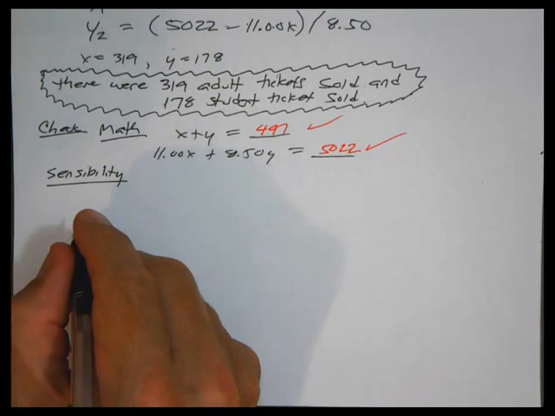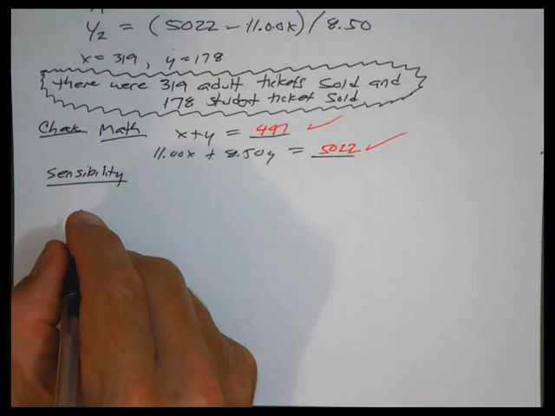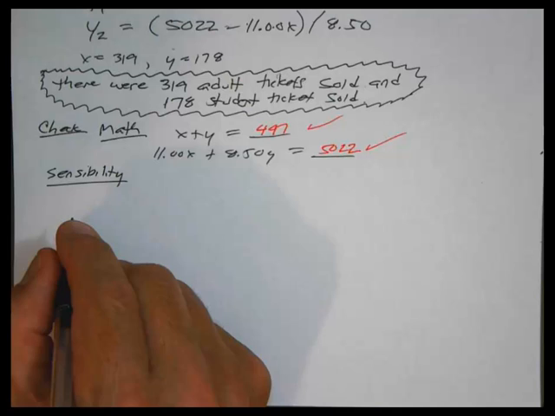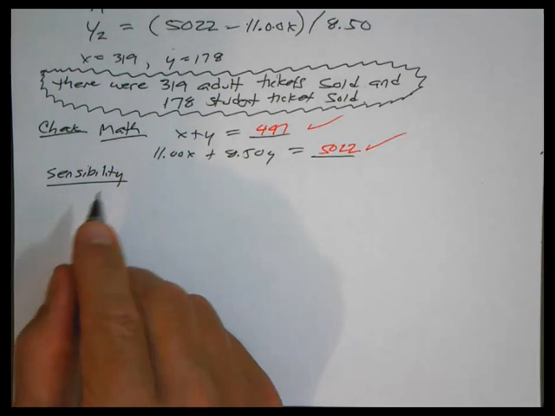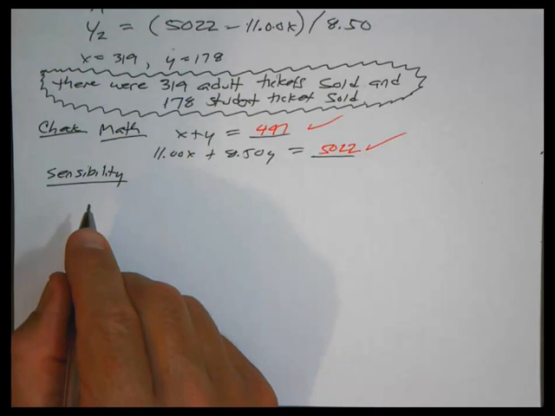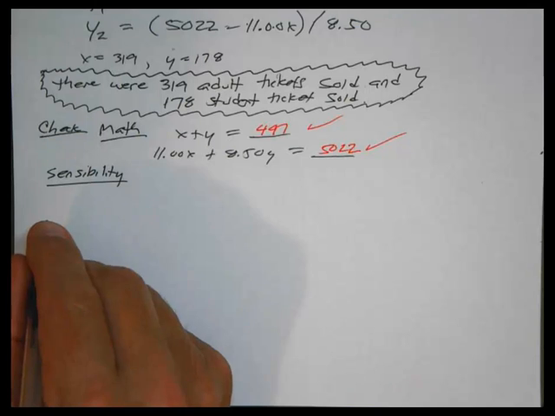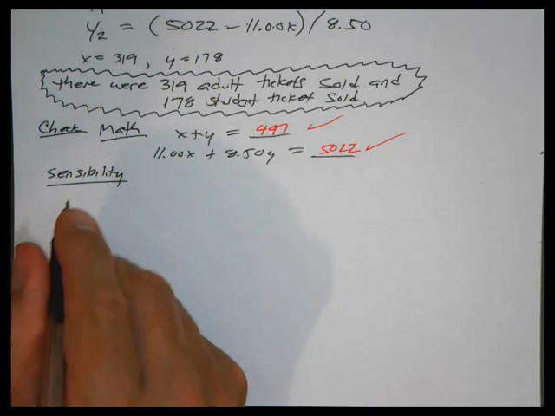Well, sometimes if you consider simple cases that don't require very much complicated calculation and compare this result to simple cases, you can start to build some confidence. Here's what I have in mind. For instance, what if all the tickets sold were adult tickets?